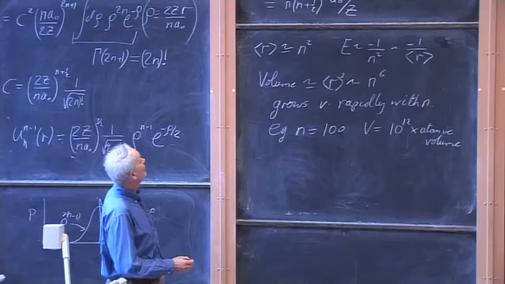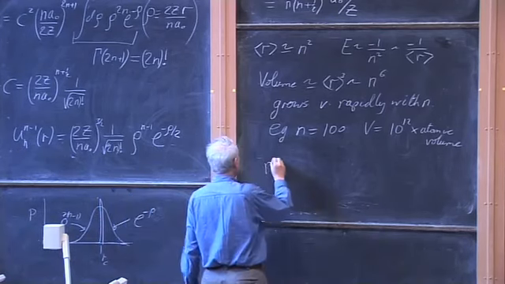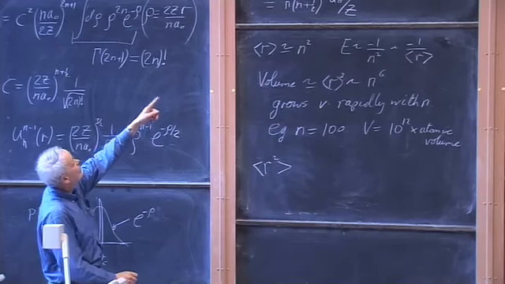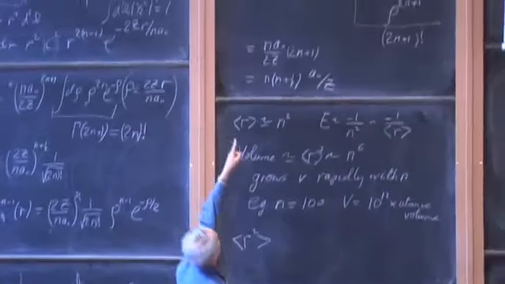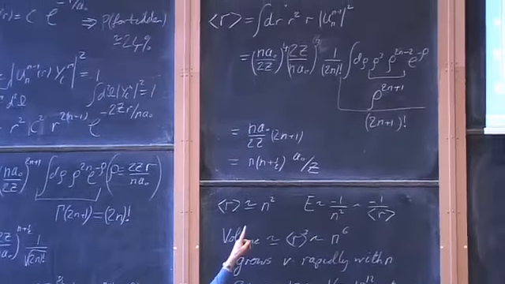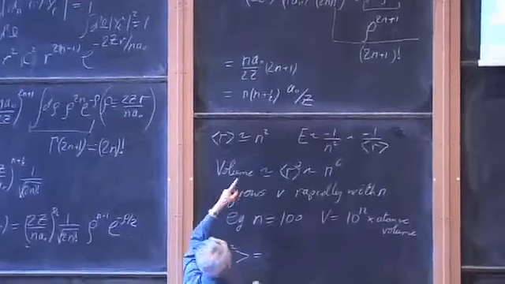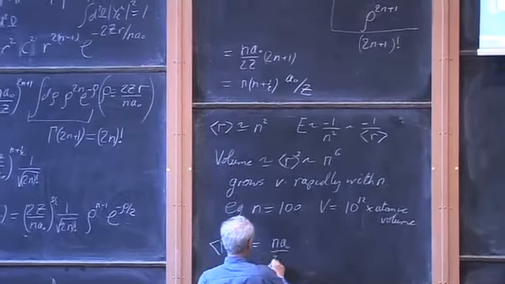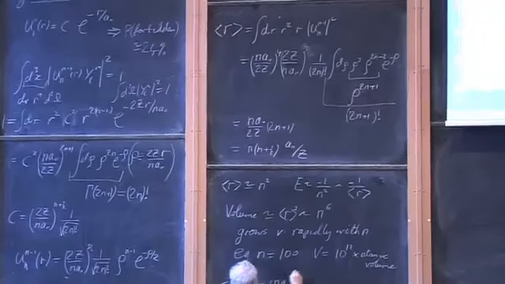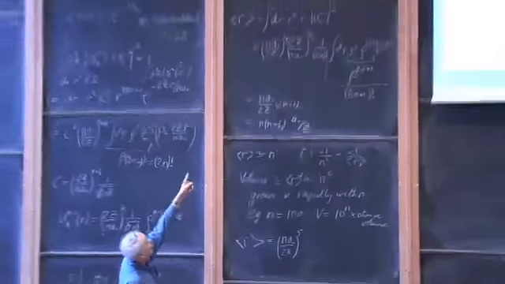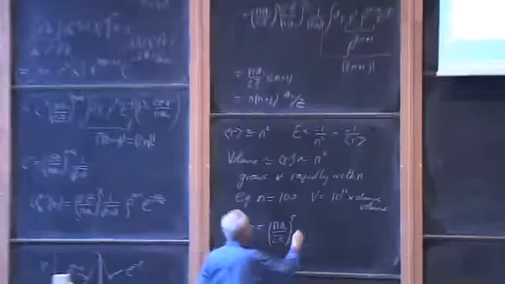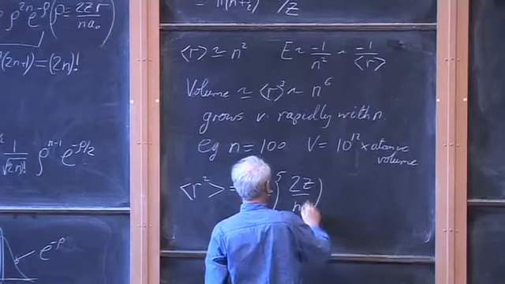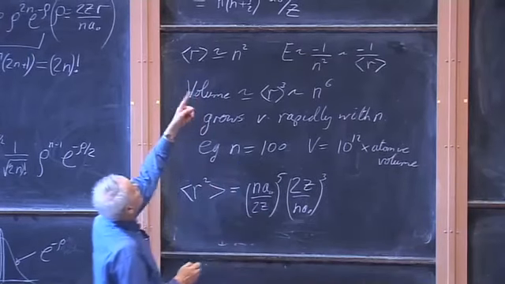What about it's interesting to work out the expectation value of r squared. It's essentially identical performance to what we've just done. I mean, all we have is an extra r in that integral at the top there, right? So what are we going to have if we come down here? We will have an n a0 over 2z raised to the 5th power this time, because we're going to have an extra power of r before the u starts. Then we will have 2z over n a0 to the 3rd power coming from the u.